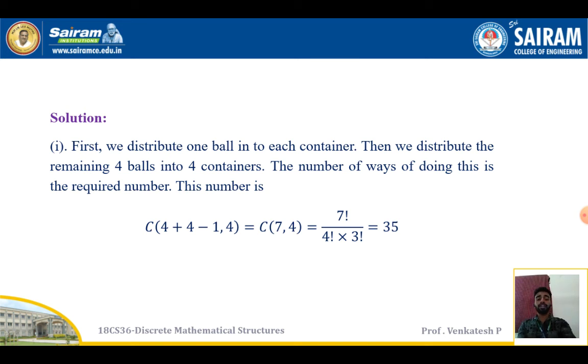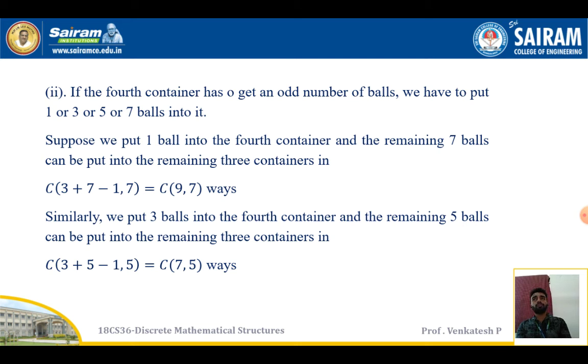This is the first condition. For the next condition, we assume the fourth container gets an odd number of balls, like 1, 3, 5 or 7. In the first case, if I put 1 ball into the fourth container, the remaining 7 balls can be put into the other 3 containers in C(3 plus 7 minus 1, 7), which is C(9, 7) ways.